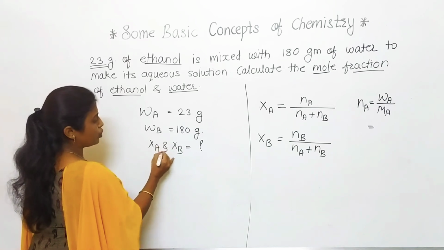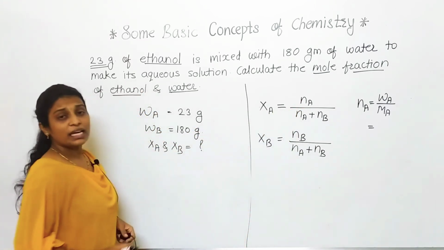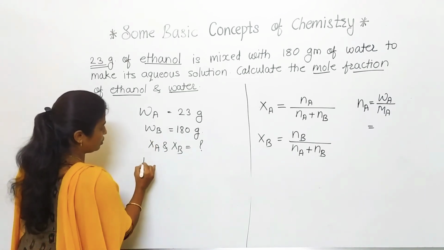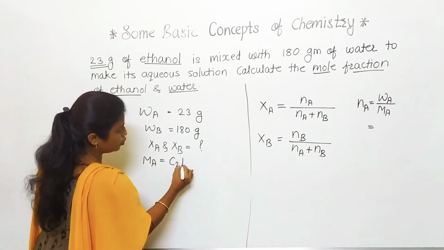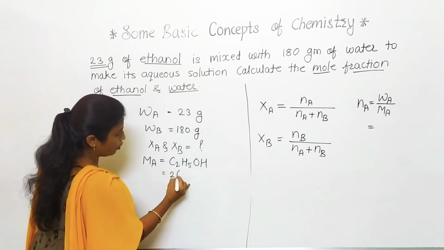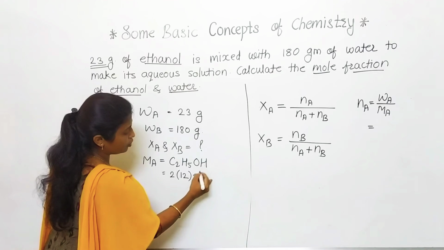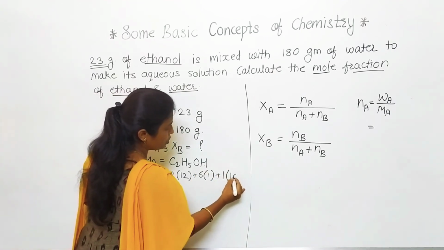Clear? For that, as we know, Na is equal to Wa by Ma. Here Wa is given but Ma is not given. So, molar mass of ethanol. Its formula is C2H5OH. There are 2 carbons, each with mass number 12, plus a total of 6 hydrogens, 6 into 1, plus 1 oxygen into 16.